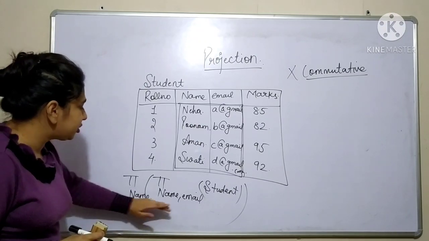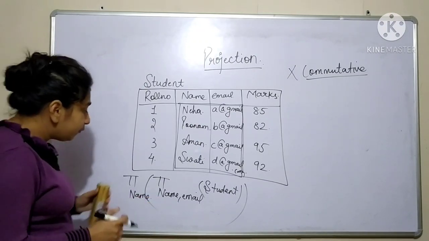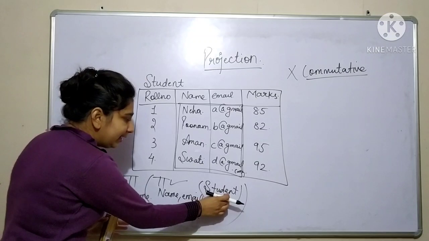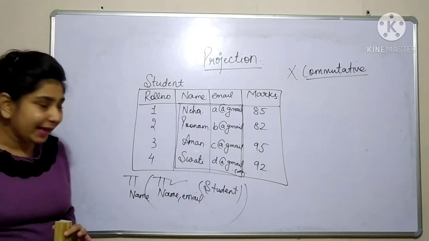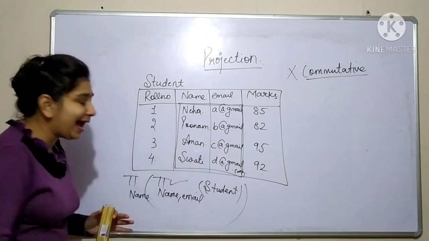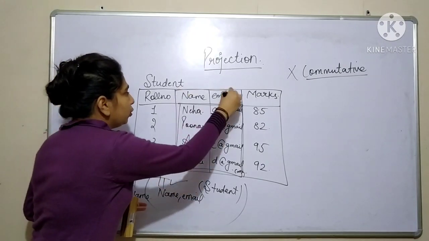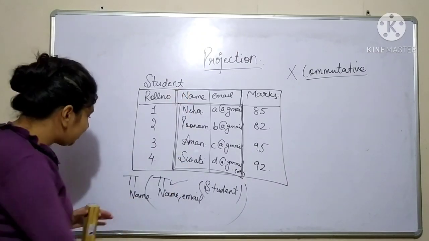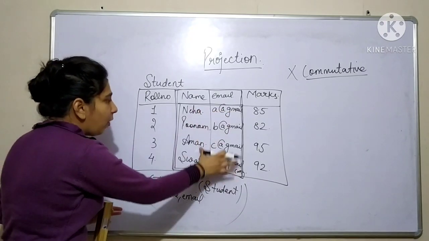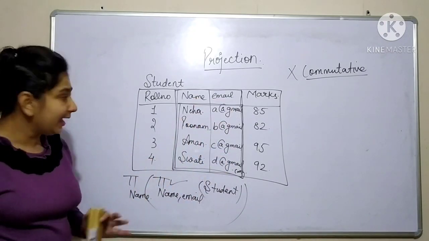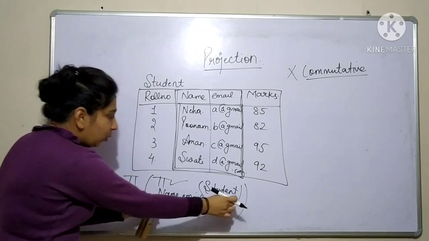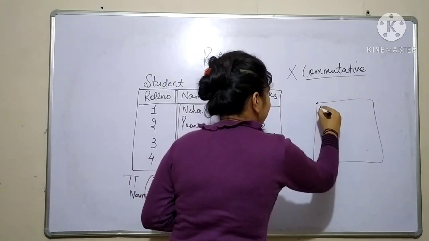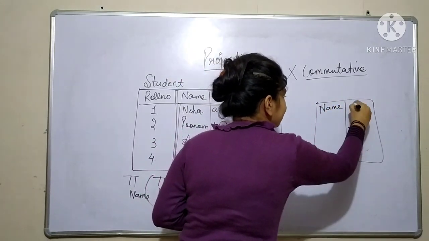Firstly, we will apply the first projection operation on the relation student. So I would be projecting name and email ID of all of the students. Till this point, my output is the name and email IDs of all 4 students.